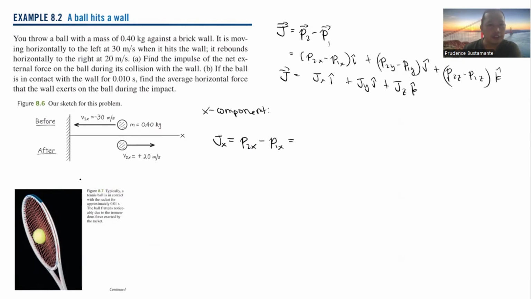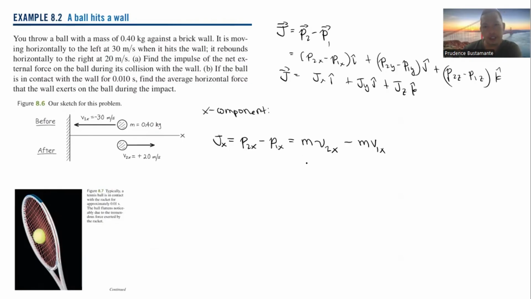Particularly, this is equal to m, the mass of this object, times v2x, because this is the final momentum, minus m v1x.